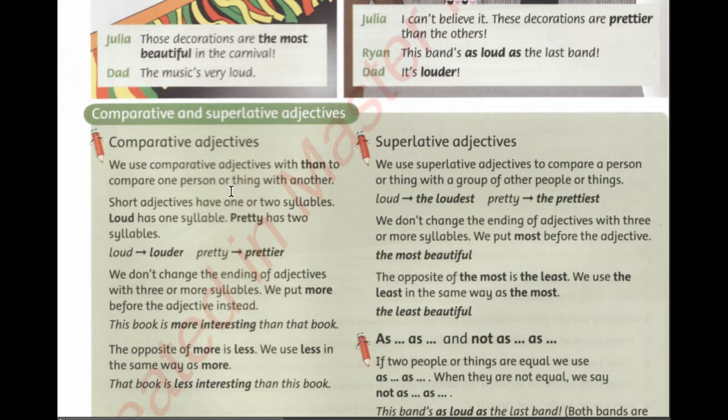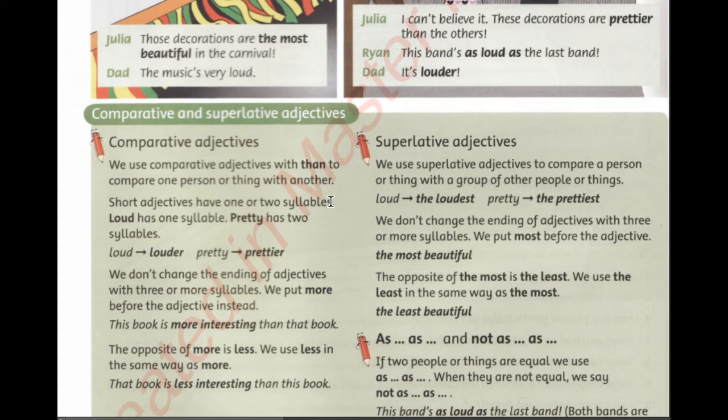So here we have the word loud. To change an adjective into comparative, we have to add er. Short adjectives have one or two syllables. Remember what a syllable is by the clapping, when we clap, clap, clap. As an example, pretty. Pretty has two syllables. Beautiful. Beautiful has three syllables.